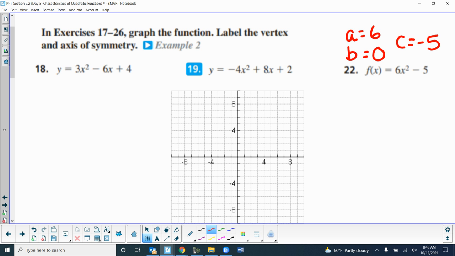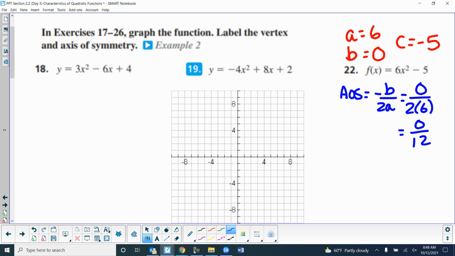So to find my axis of symmetry, it's negative B over 2A, right? What's B? 0, right? Can I write negative 0? No. And then 2 times 6 is 12.